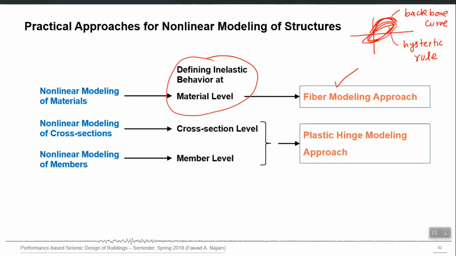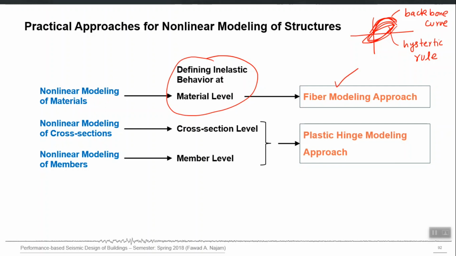So when I say moment rotation behavior, it is the moment versus rotation curve in backbone, and also the cyclic moment rotation, and also in both directions, right? Positive moment and negative moment, similarly positive action and negative action, positive deformation and negative deformation.